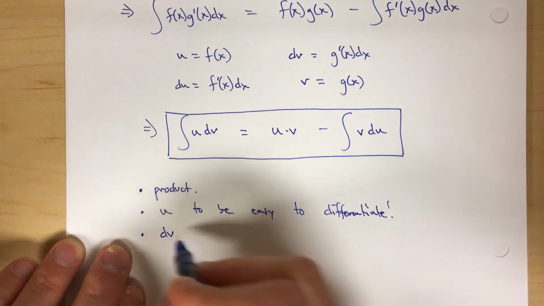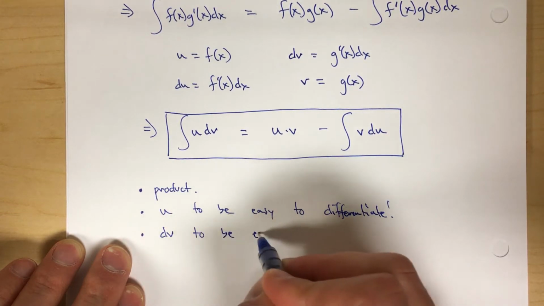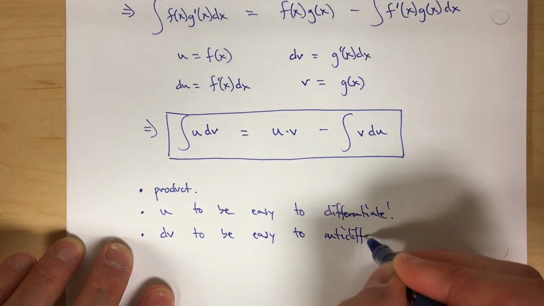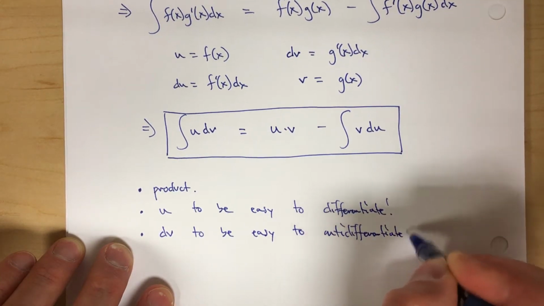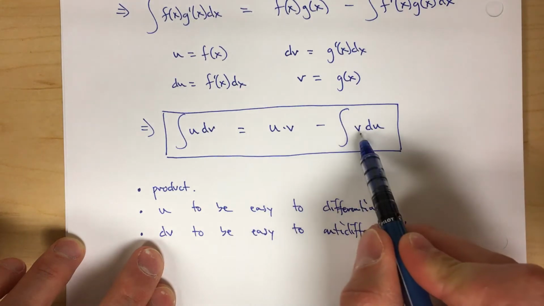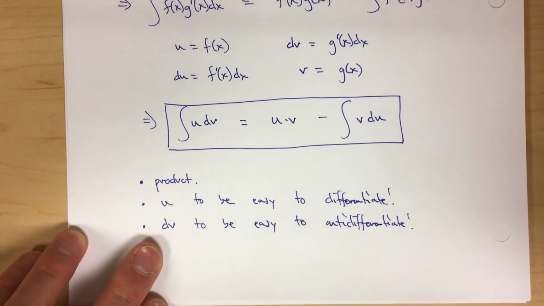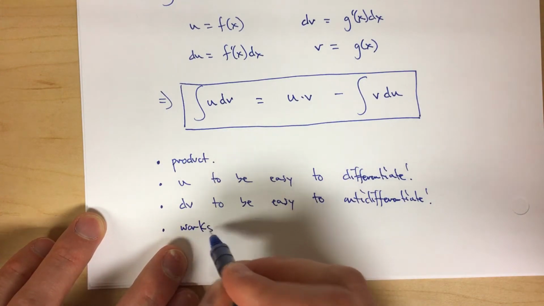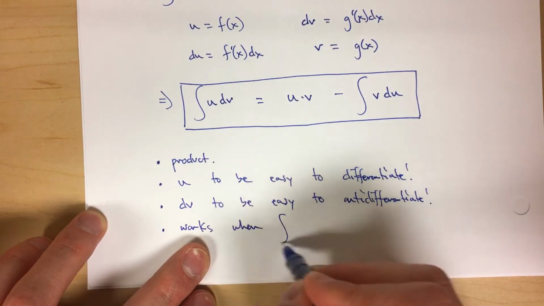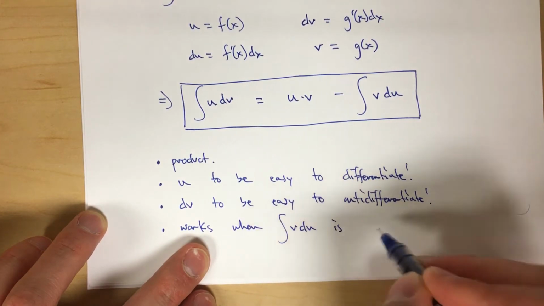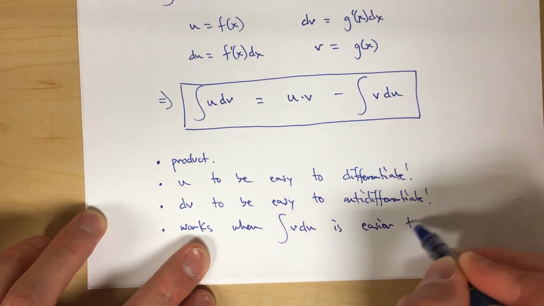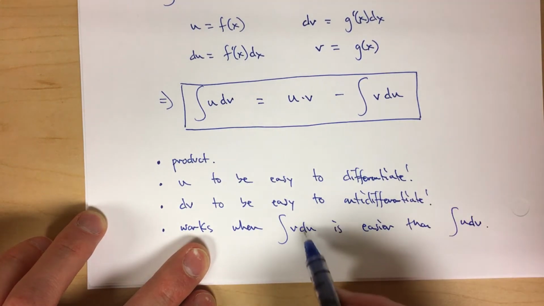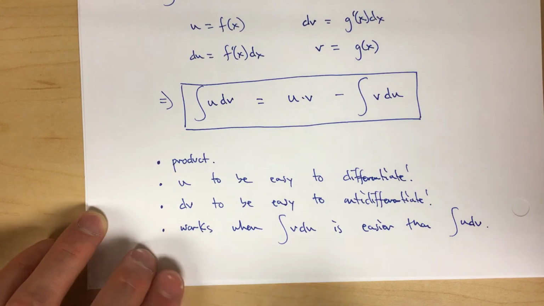We need dv to be easy to anti-differentiate, because we need to be able to find v, and v is the antiderivative of dv, okay? And this works when the antiderivative of v du is easier than the antiderivative of u dv. Okay, make sure you're putting tails on your v's, otherwise you're going to get confused.